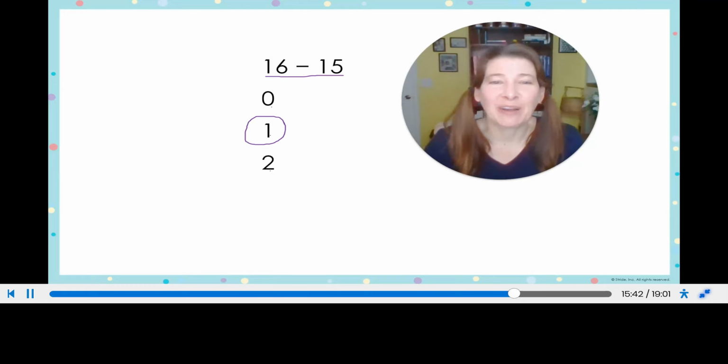Don't need to count on very much. When your part is very close to your total, try counting on. So we have 15, 16. We only needed to count on 1. 16 minus 15 equals 1.